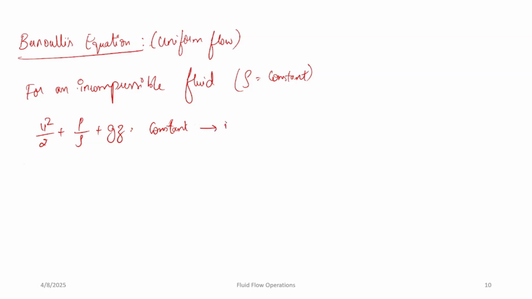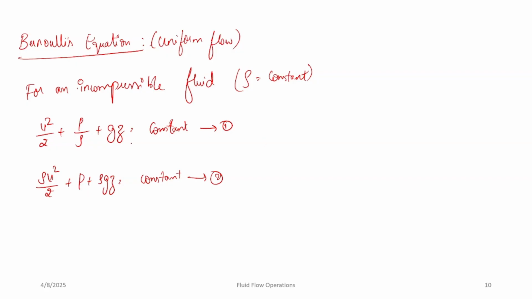So let's say this is equation 1. If you multiply them, we'll be getting rho V square by 2 plus P plus rho G Z is equal to constant. Okay, so this is equation number 2.